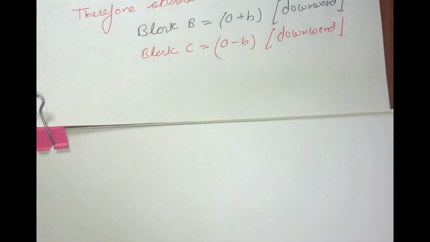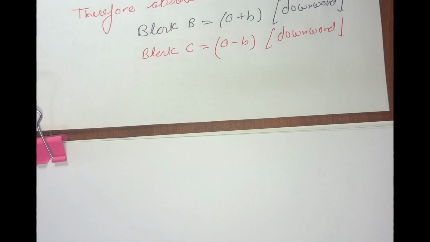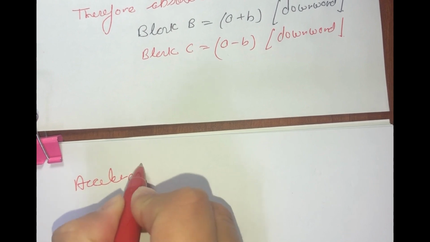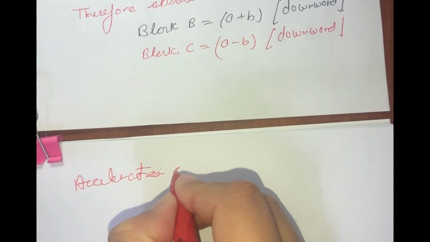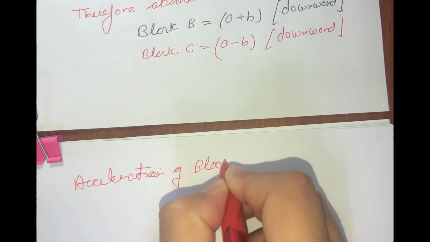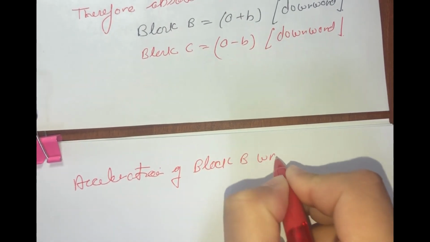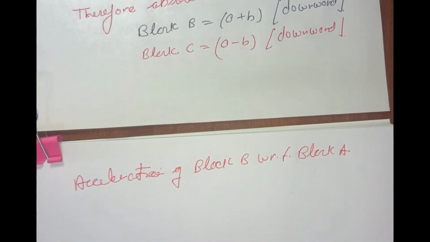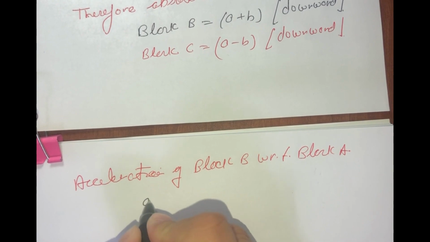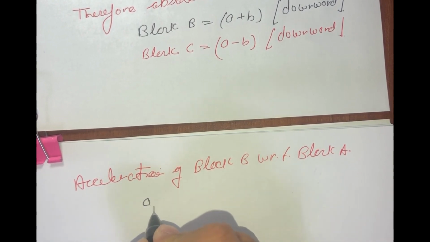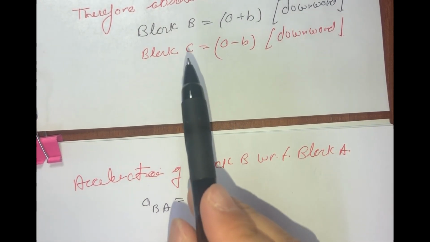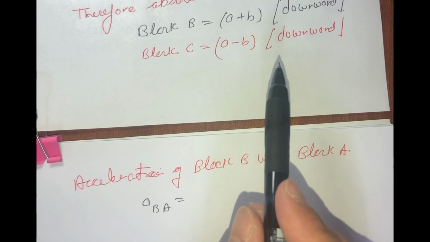So let us find out what will be the acceleration of B with respect to A. We can write this as a_BA, and block A is moving upward and block B is moving downward.